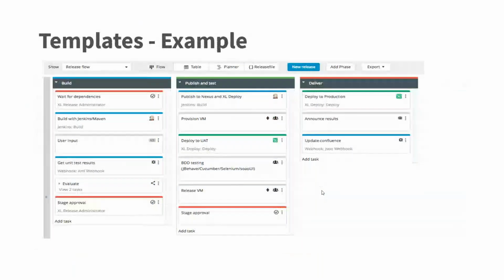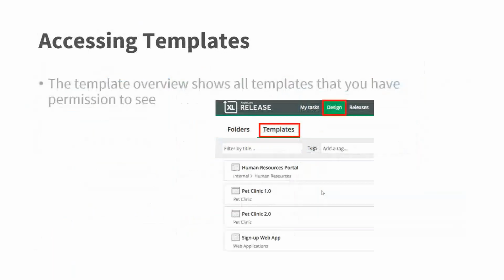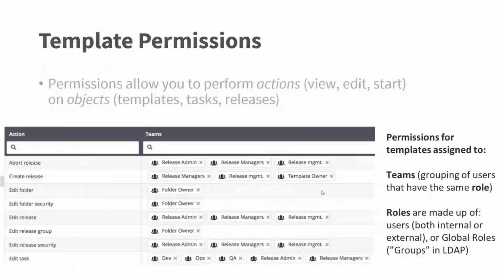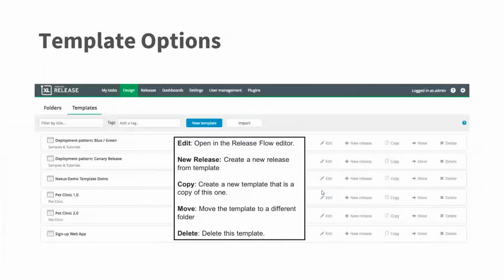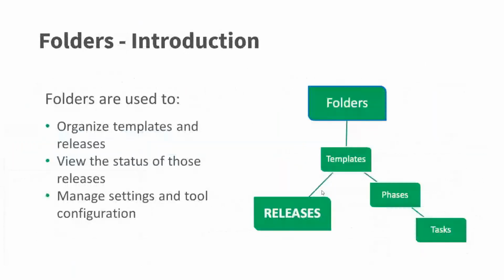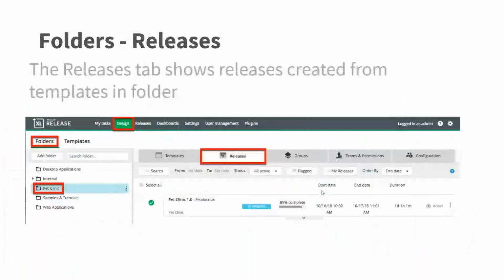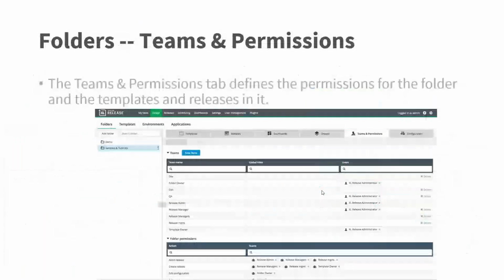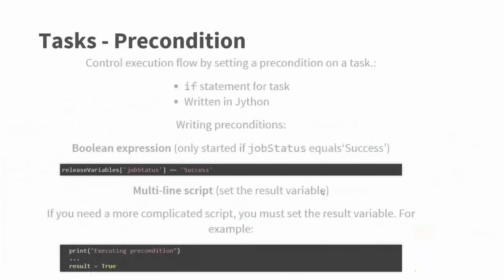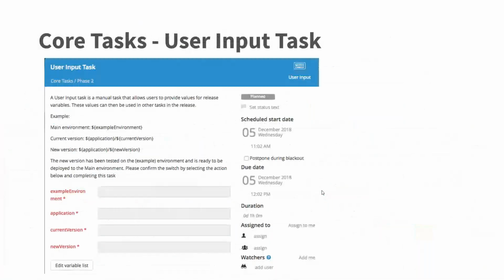Everything can be programmatically configured. This is a template which you can reuse for multiple options. We have options like edit, new release, copy, move, delete. You can set the permission on who should be allowed to do what exactly on the templates and so on. Some of the things are not rendered right now, so I'm just ignoring it.